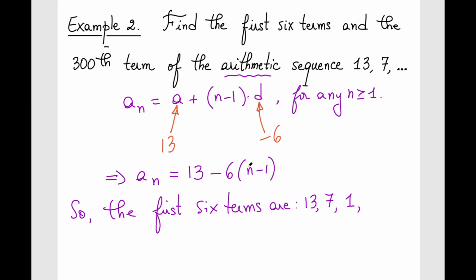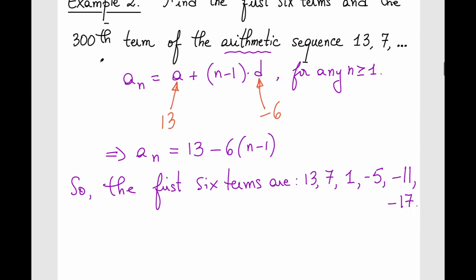The third term is when n is 3, right? 3 minus 1 is 2. 2 times 6 is 12. 13 minus 12 is 1. Correct? And you keep subtracting this number 6. You're going to get minus 5, minus 11. So how many have we generated so far? 1, 2, 3, 4, 5, one more. So minus 17. Correct? So these are the first 6 terms: 13, 7, 1, negative 5, negative 11, and negative 17.